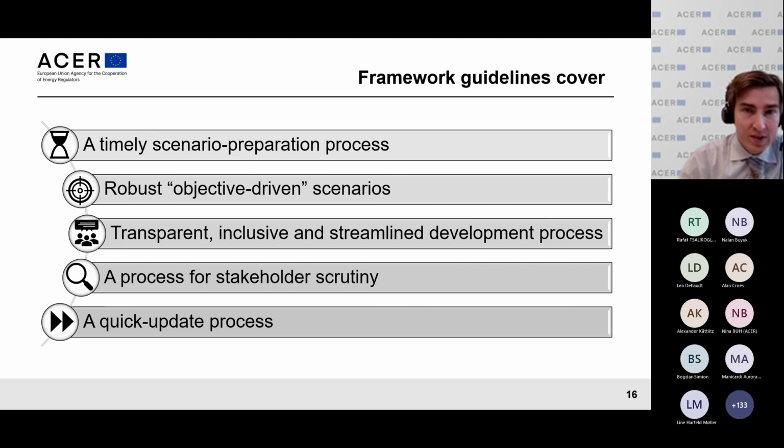Also ensuring stakeholder scrutiny, so an enhanced role for stakeholders, and lastly, a quick update process. So I'll quickly go into each of these with a few highlights, but of course there is much more detail in the published guidelines, and I invite all of you to read those, and if you have questions, you can always reach out to us.